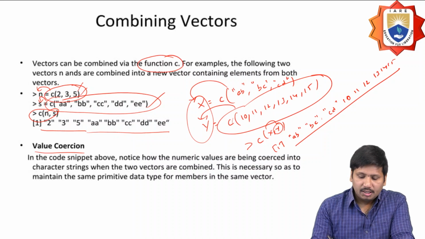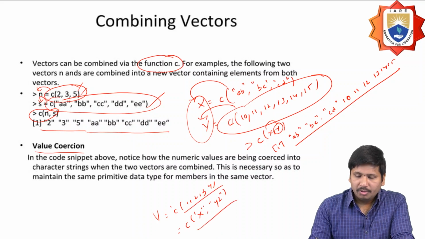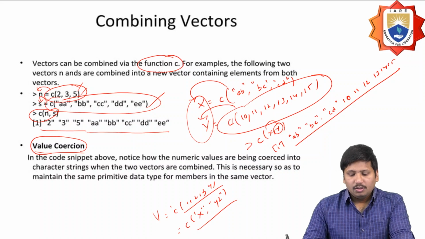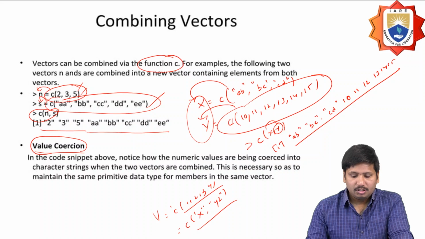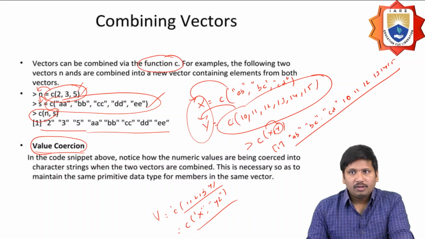Just now I said the vector should have homogeneous elements, like c of x, y, z. By making use of value coercion, numerical values can be coerced into character strings when we combine two vectors. So this kind of thing is also possible in our programming.